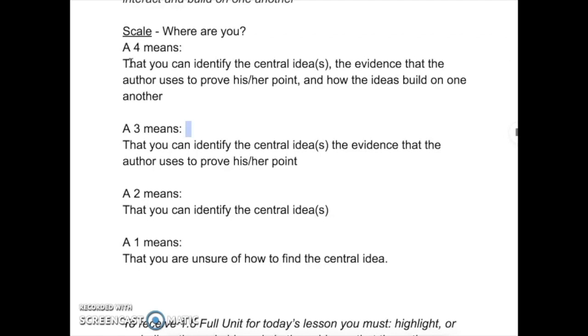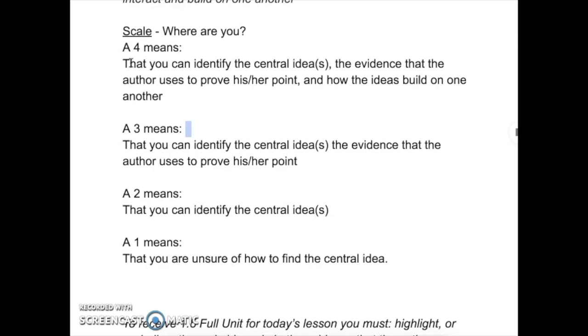Not showing your work in math and just getting the answer doesn't tell your teacher much, in the same way that just identifying the central idea but not putting in the evidence doesn't tell me that you're getting the process. We need you to be able to prove that you can understand the process.